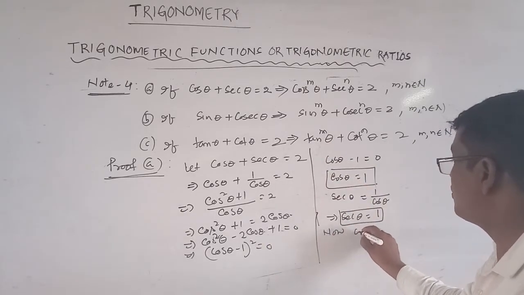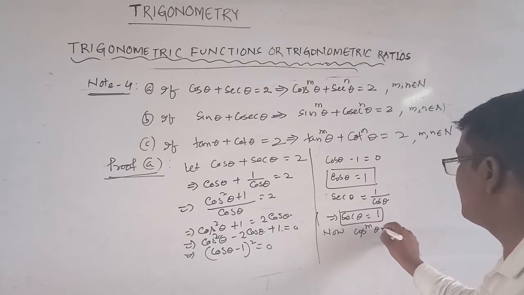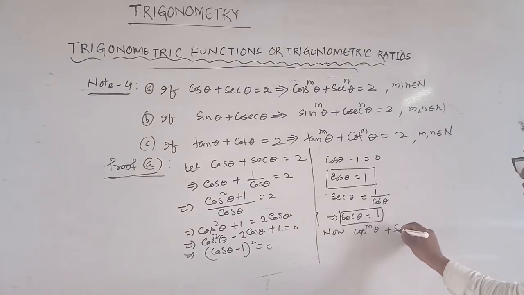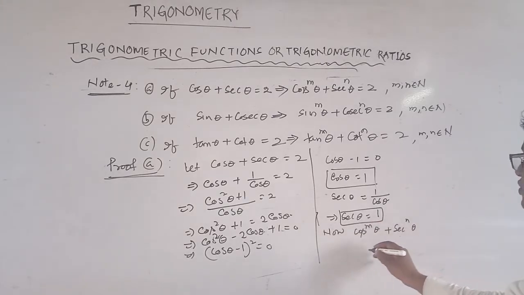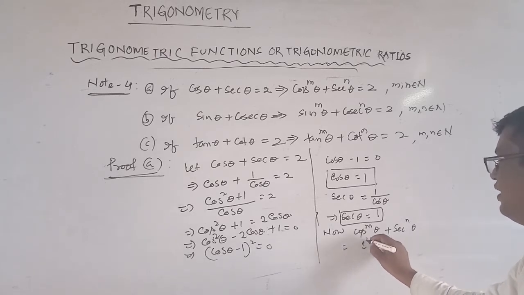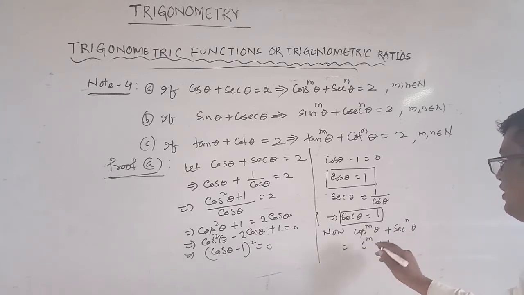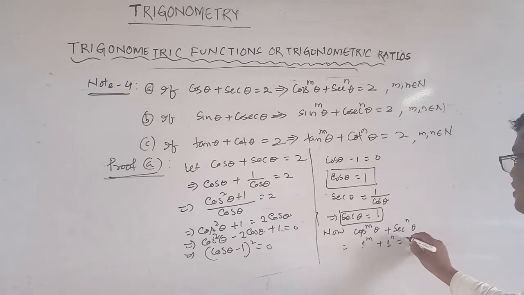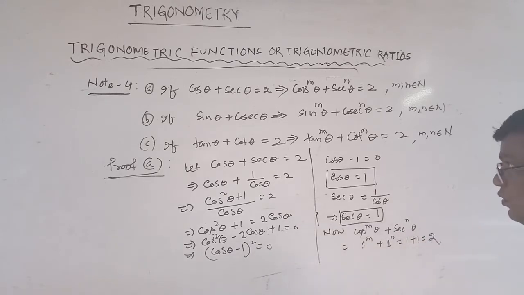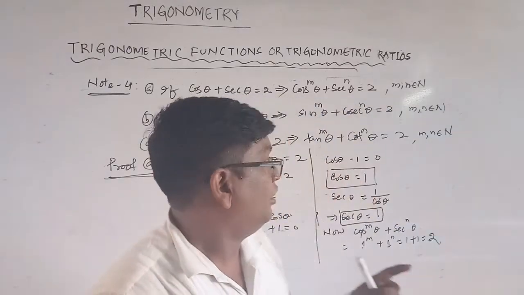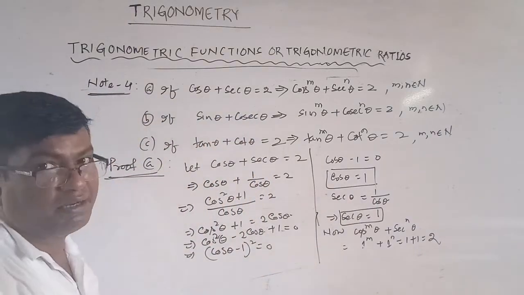Now cos m theta plus sec n theta is equal to 1 to the power m plus 1 to the power n. So 1 plus 1 is equal to 2. Similarly, B and C can be proved.